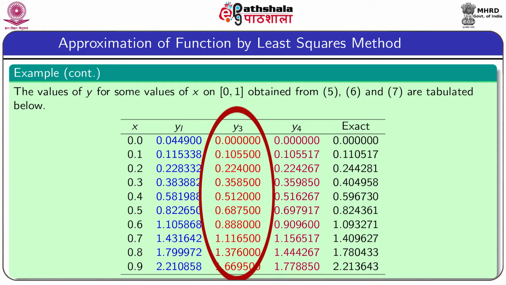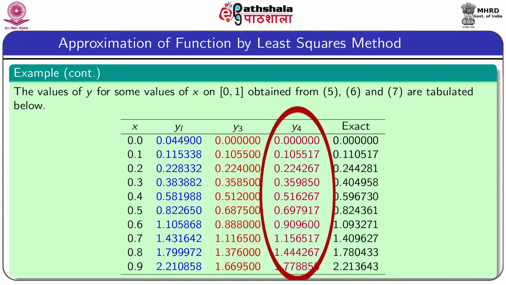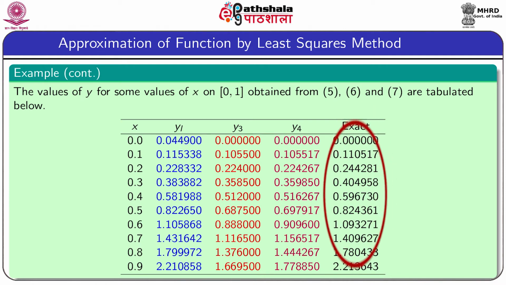The third column represents the value of y3 obtained from the Taylor series expansion up to third degree polynomial. The fourth column represents the value of y4, this is also the Taylor approximation up to fourth degree terms, and the last column represents the exact value of the function x e^x.